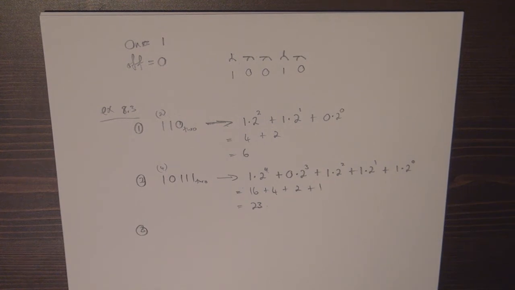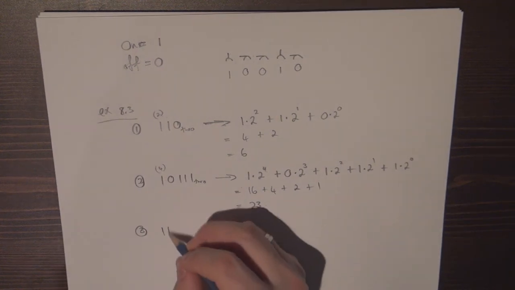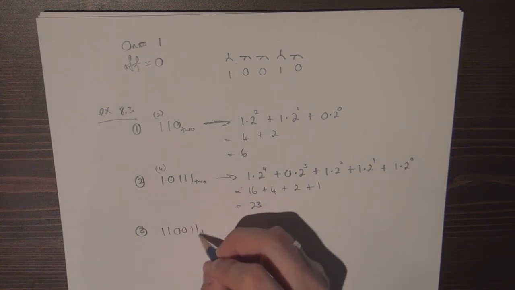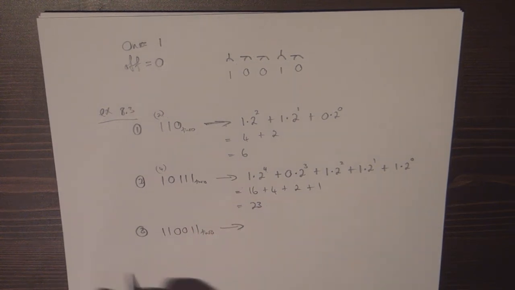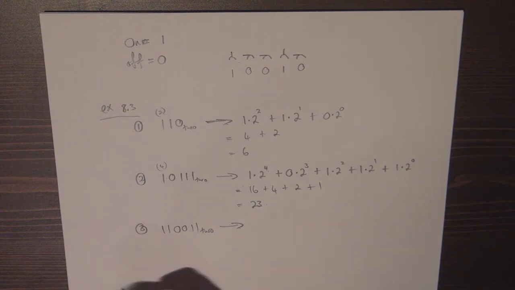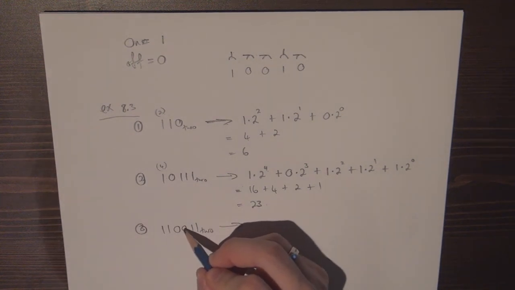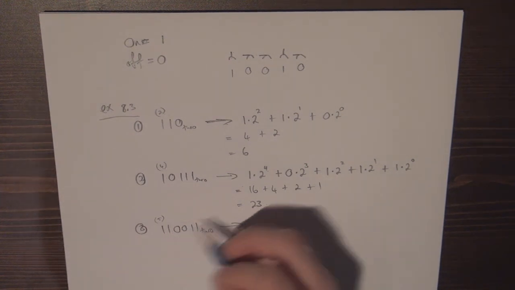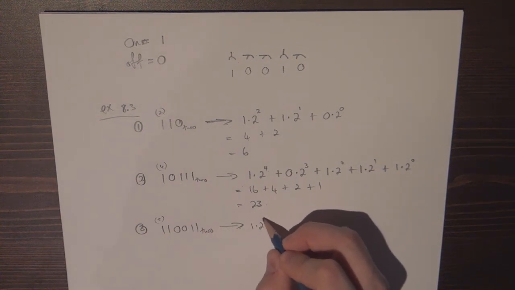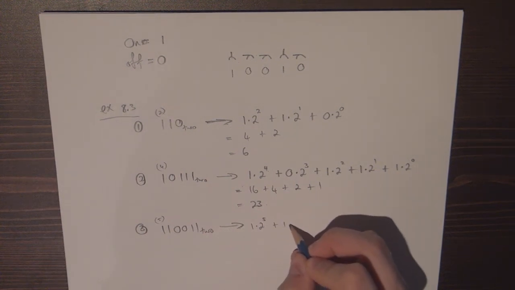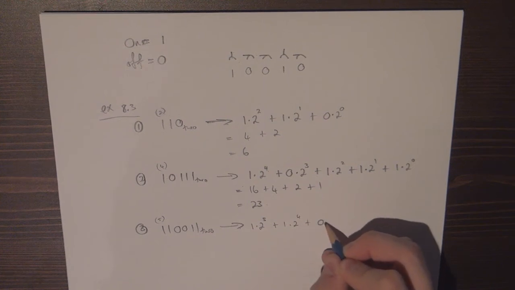We have our light bulbs on, off, off, on, on, off, on. I still need to make these too big to get the point. So we have 0, 1, 2, 3, 4, 5. So 2 to the 5 will be the biggest one, and one of them. Then a 2 to the 4.